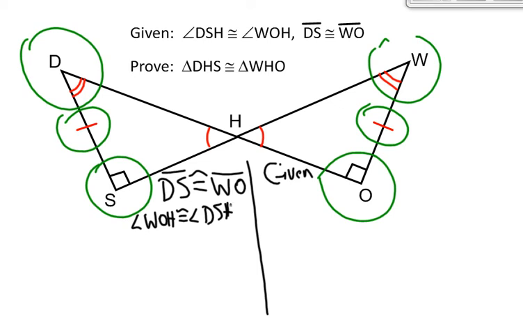Those are my two right angles. That's also given. Okay, and what else was I given? Oh, and then I figured out that angle DHS is congruent to angle WHO. Why do I know that? Because of the vertical angles theorem.